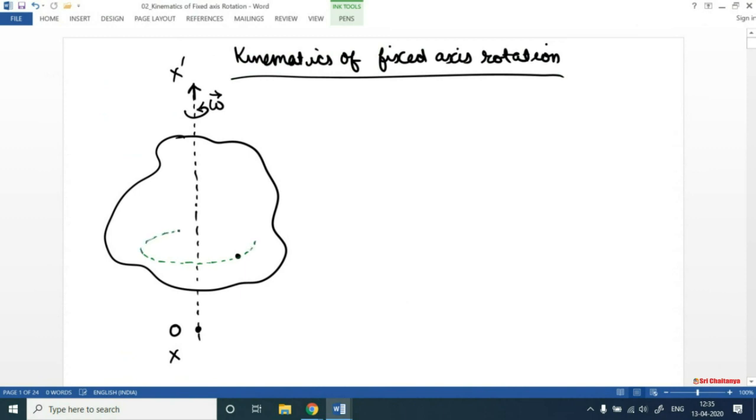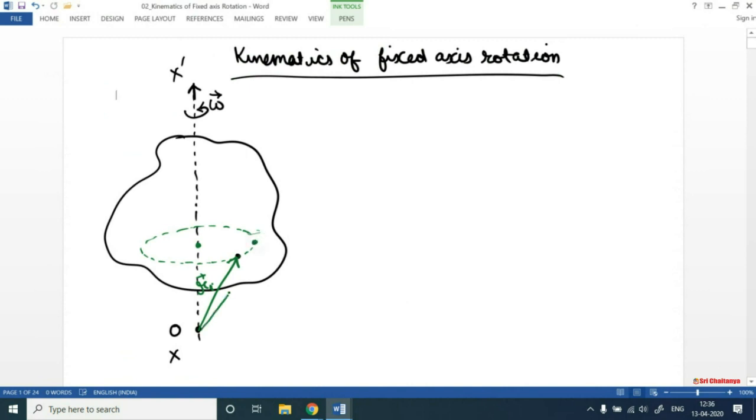It will move along a circular path, and the center of this circular path would be somewhere over here. Say this here is the initial position vector Ri of this point. As the rigid body moves about this axis, this point will move from here to here.